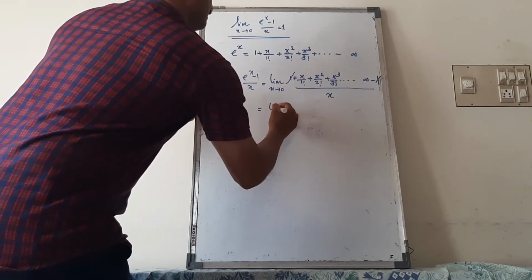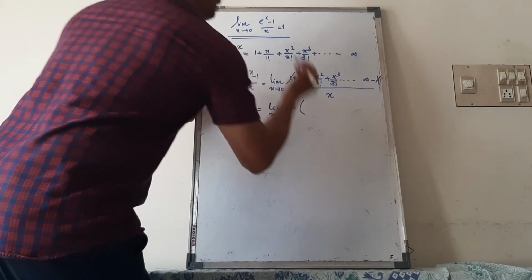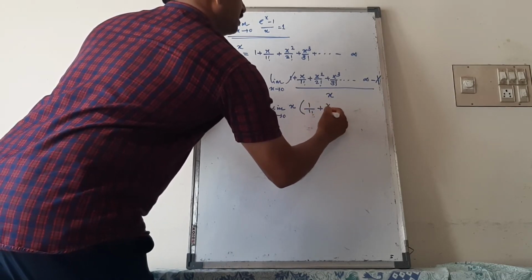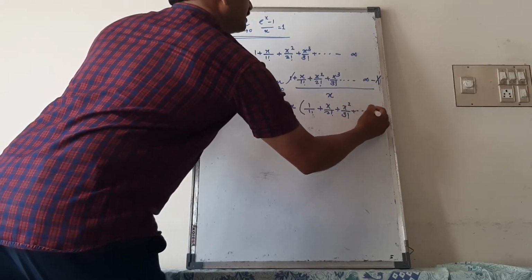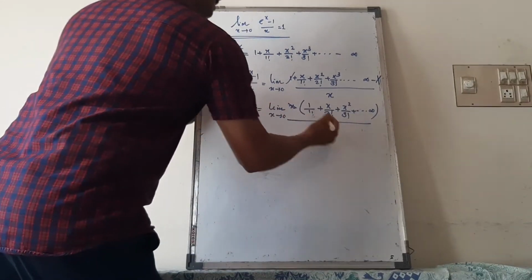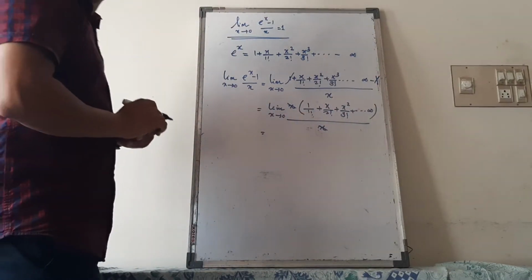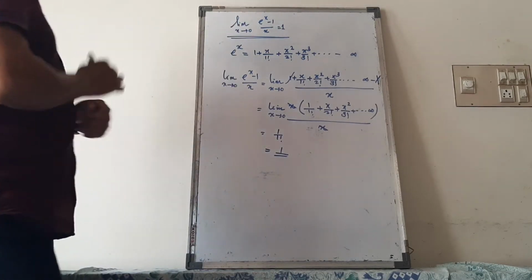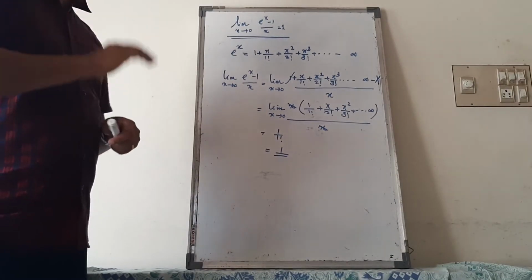Now we take x as a common factor. Therefore we get x into 1 by 1 factorial plus x by 2 factorial plus x square by 3 factorial plus etc. to infinity, the whole divided by x. x is cancelled. Now apply the limit. All these terms tend to 0 and therefore we get the final answer 1 by 1 factorial, which is 1. So limit x tends to 0 of e raised to x minus 1 by x is equal to 1.